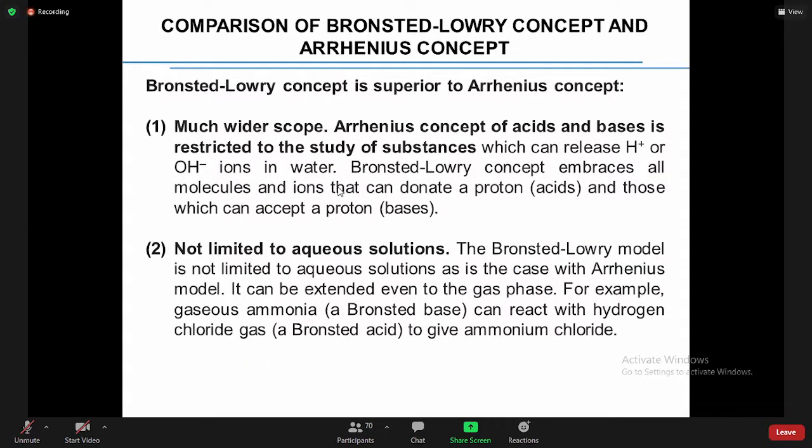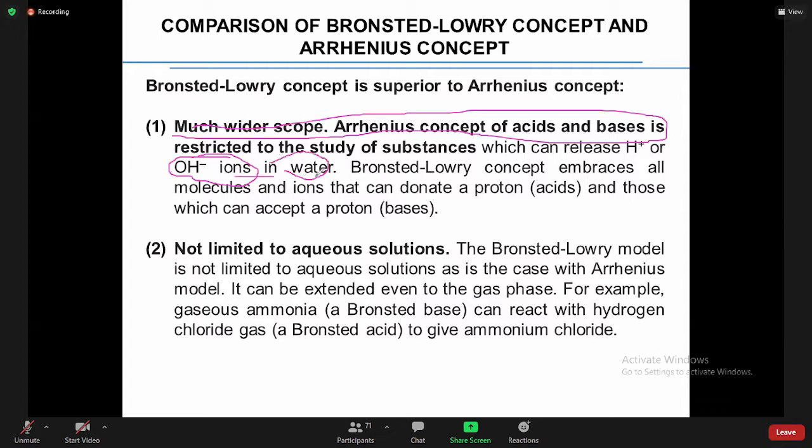Okay, so now, what we have already discussed about the Bronsted-Lowry concept and the Arrhenius concept, we can compare to each other. We already discussed that the Bronsted-Lowry concept is much wider in scope, because it excludes the hydroxide ion in water.